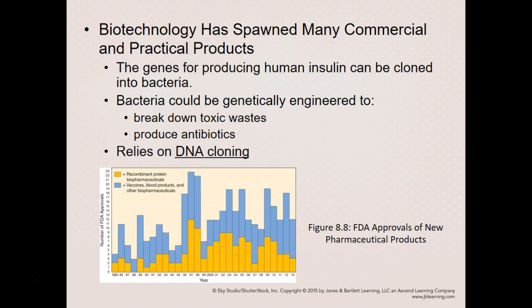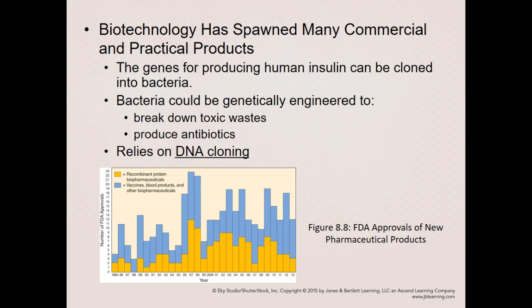What this did was it allowed us to produce human insulin in mass amounts so that we could supply patients that had type 1 diabetes with the medicine that is effective for their bodies without costing a lot of money.